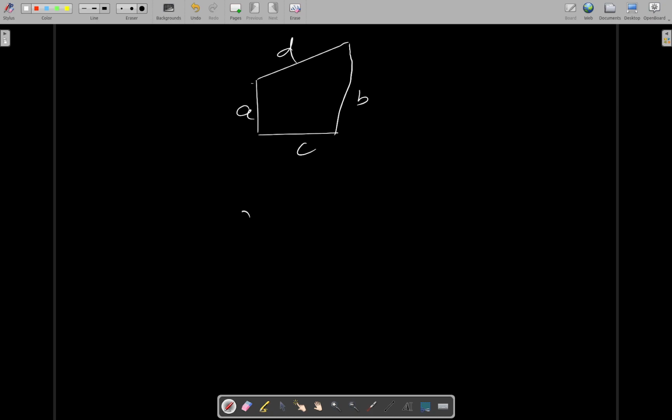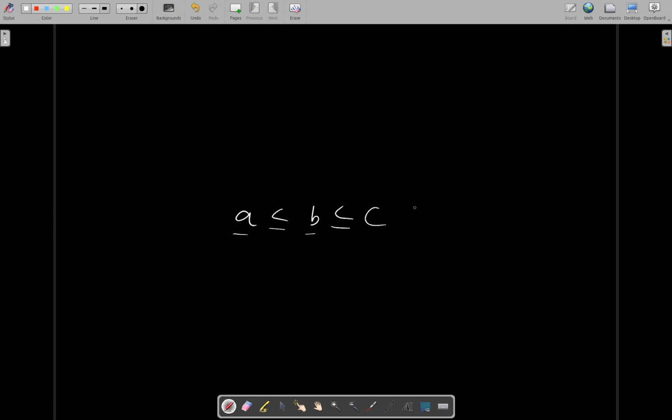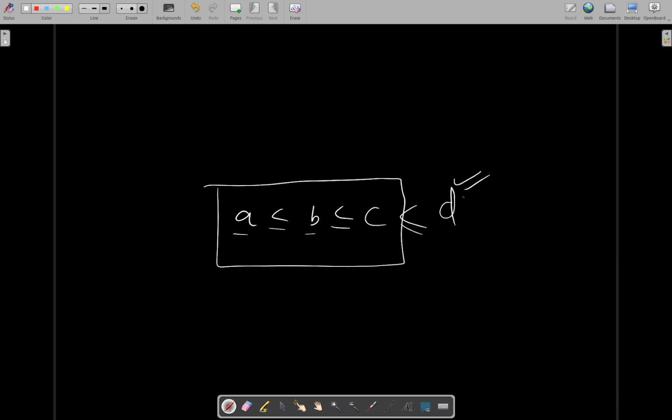Let's say the ordering of sides is like this. So what the problem statement is saying is the sum of these three should be greater than this d, which is the longest side.